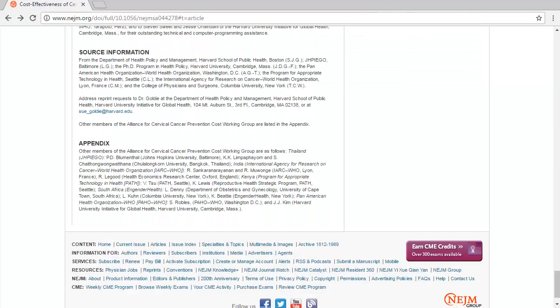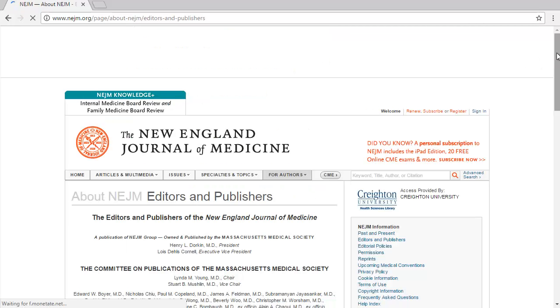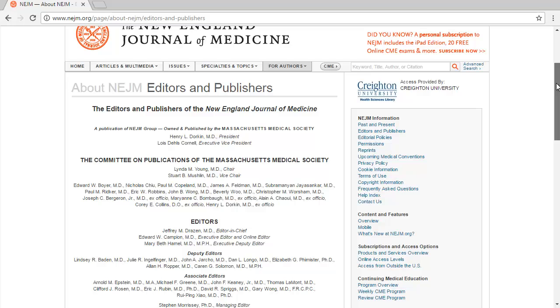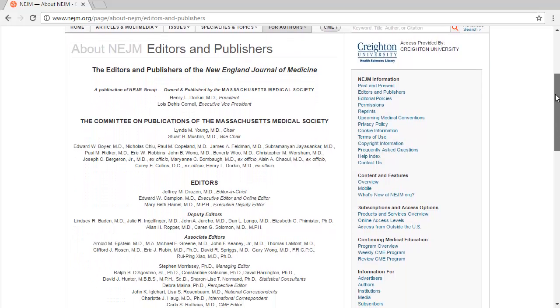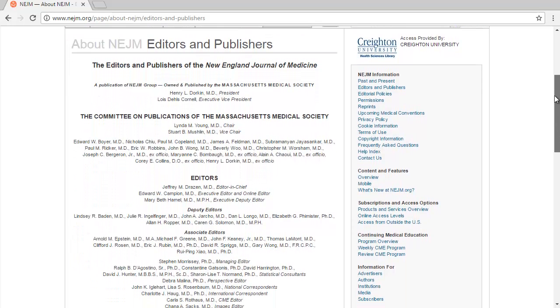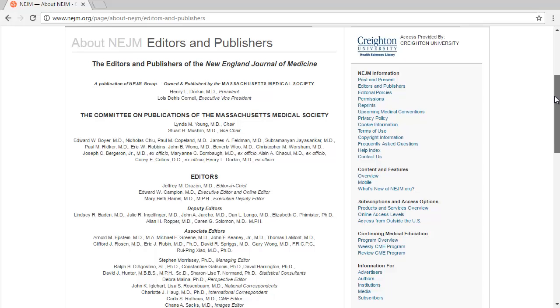Down here at the bottom, notice this link which takes you to a list of editors responsible for publishing this journal. Not every journal has a link like this at the bottom, but every academic journal has a list of editors, just like these. Using a process called peer review, these editors are responsible for making sure every published journal article adheres to rigorous standards and builds on the knowledge of the field.